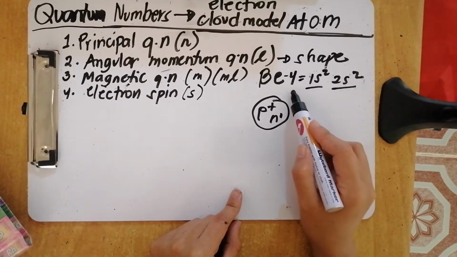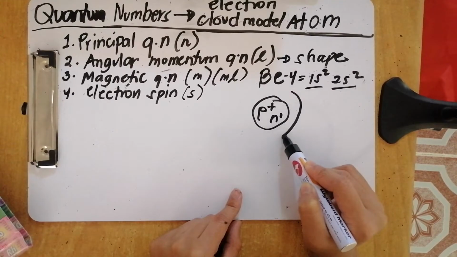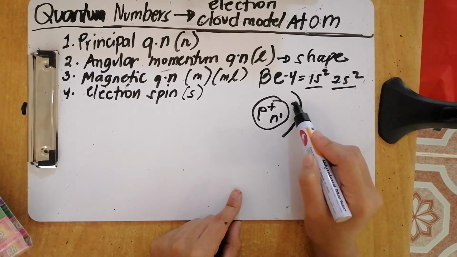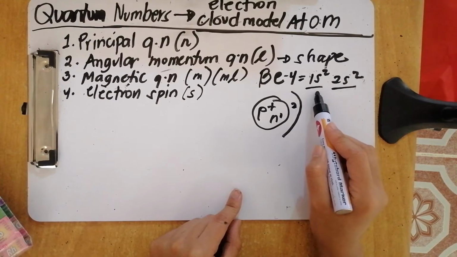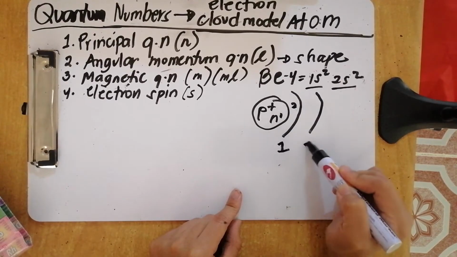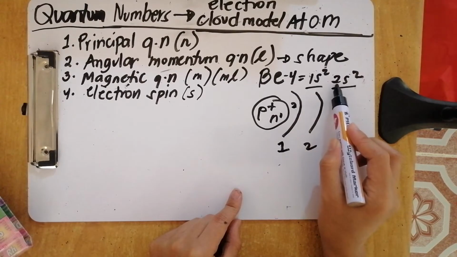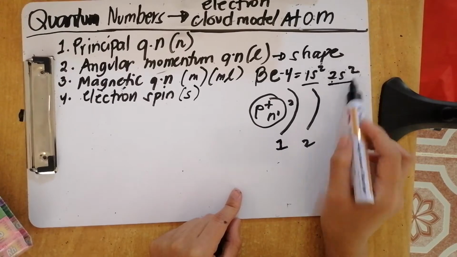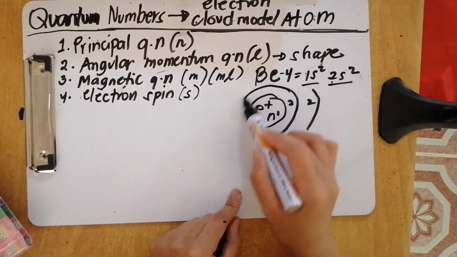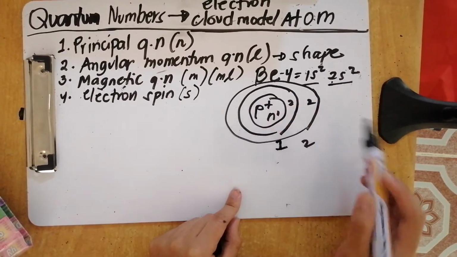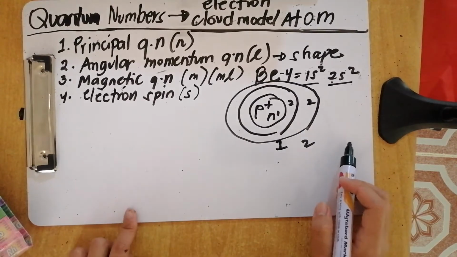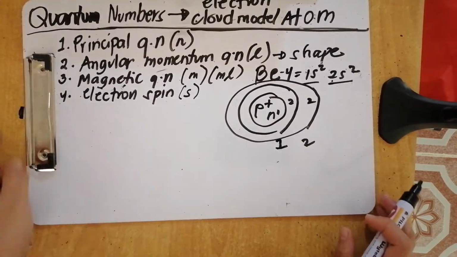So in the first orbit, or first orbital, there are 2 electrons. The second energy level, how many electrons are there? There are 2. So it's like that. Okay? But an electron cloud model will tell you differently.